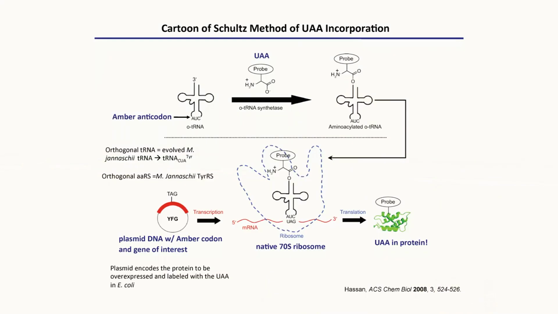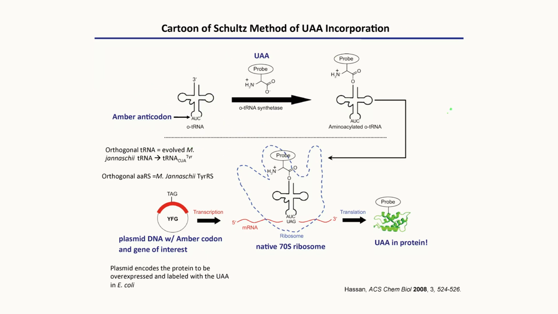So where does that put us in terms of the cartoon we saw yesterday without some of these details? Here we have the tRNA that has this amber anticodon, so that's our orthogonal tRNA. We have an unnatural amino acid that's able to get into the organism of interest. And we have the orthogonal tRNA synthetase.